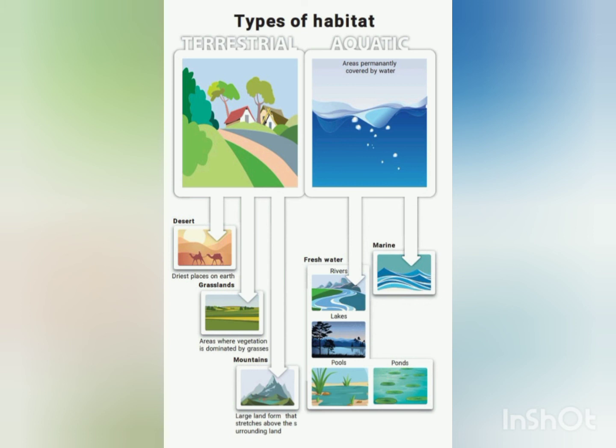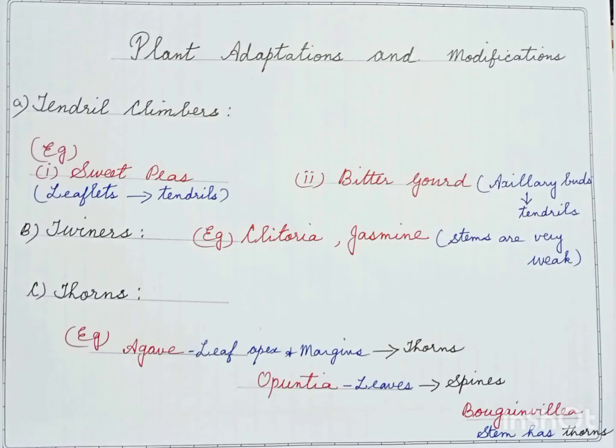Next, plant adaptations and modifications. Under the plant adaptations, we have studied tendril climbers. Example, sweet peas. In sweet peas, leaflets are modified into tendrils. Another example, bitter gourd. In bitter gourd, axillary buds are modified into tendrils. Next, twiners. Examples, clitoria and jasmine.